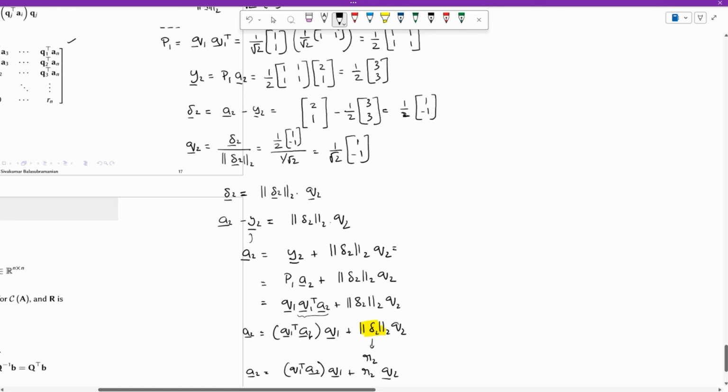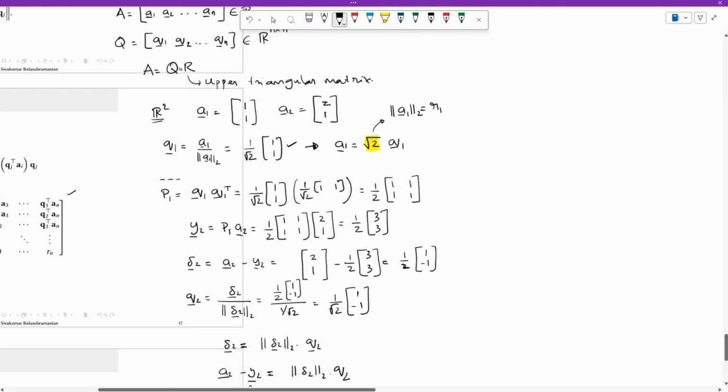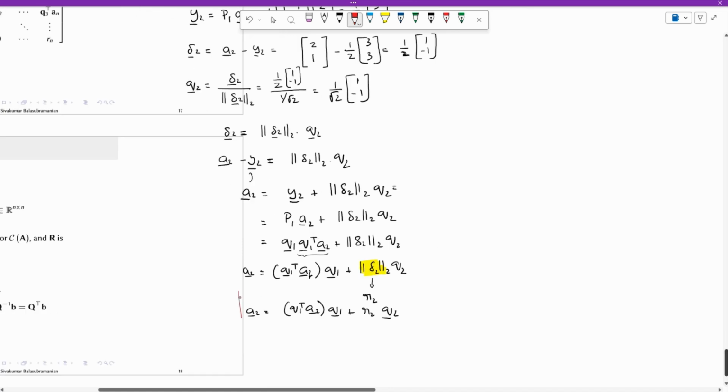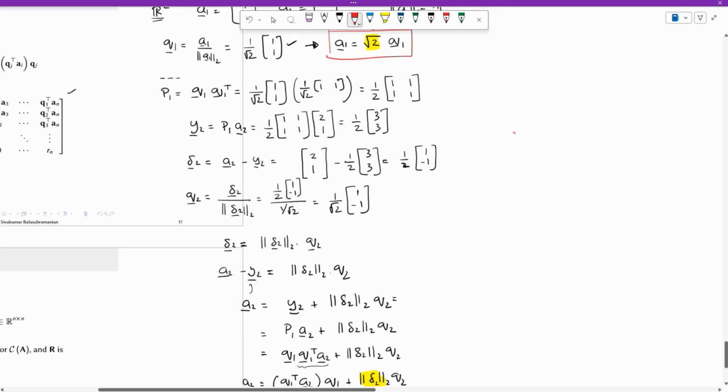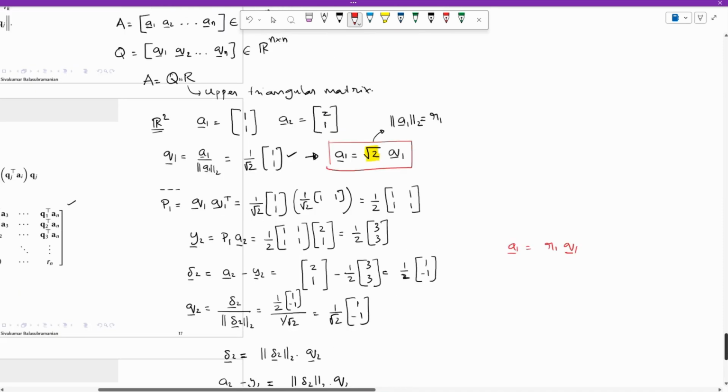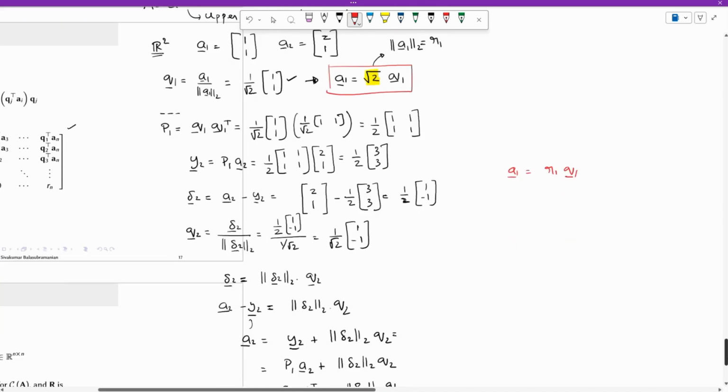Now I have both my equations, where I'm expressing A1 and A2 in terms of Q1 and Q2. Remember, R1 was simply root 2 here, but I will generally call it R1.